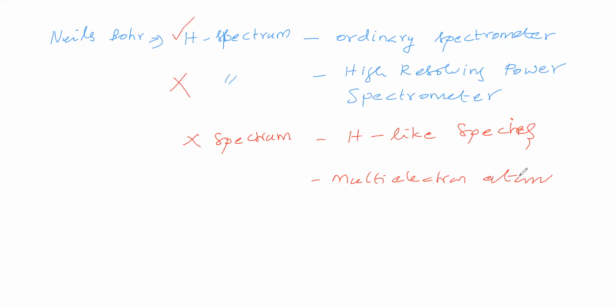Next, multi-electron atoms also give a spectrum, which Niels Bohr is unable to explain. He did not mention anything about multi-electron atoms, only about a single electron.